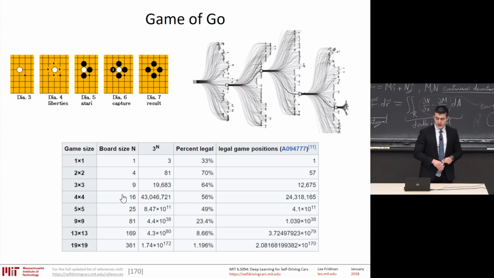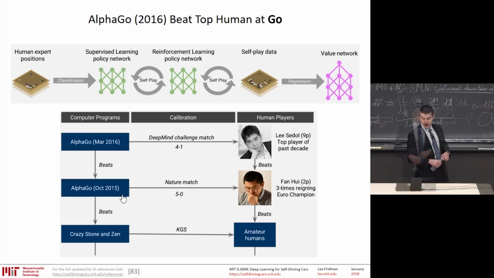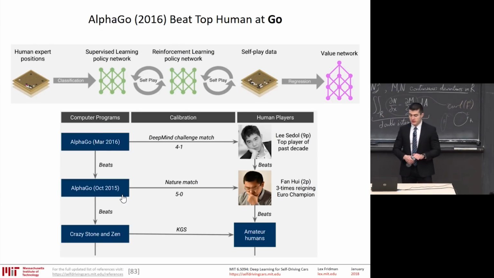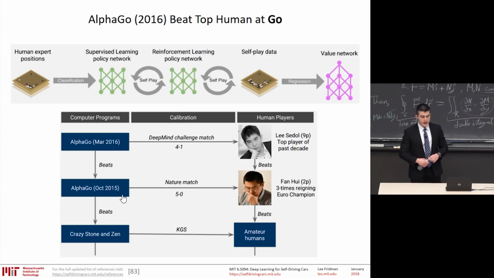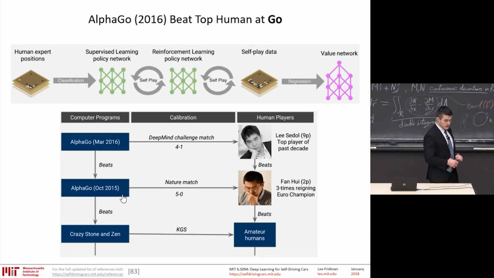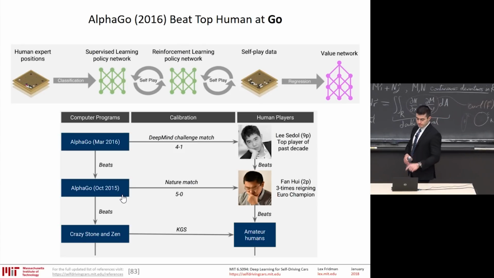So that's why the AI community thought that this game is not solvable. Until 2016, when AlphaGo used human expert position play to seed in a supervised way a reinforcement learning approach, and I'll describe it in a little bit of detail in a couple of slides here, to beat the best in the world.